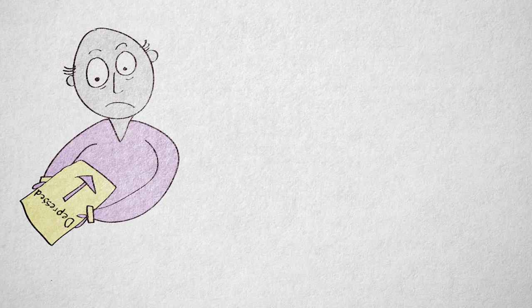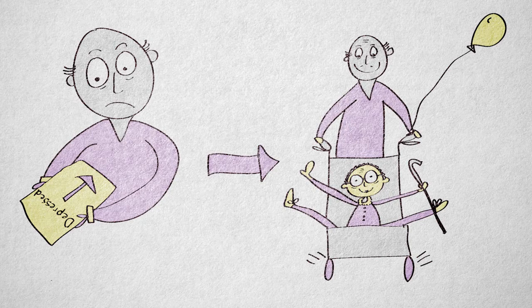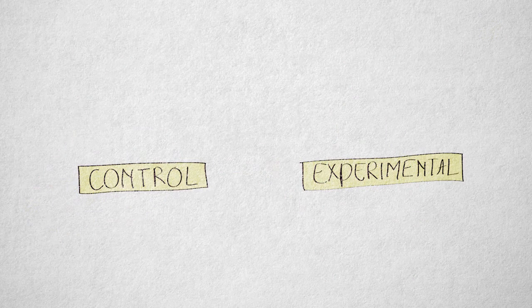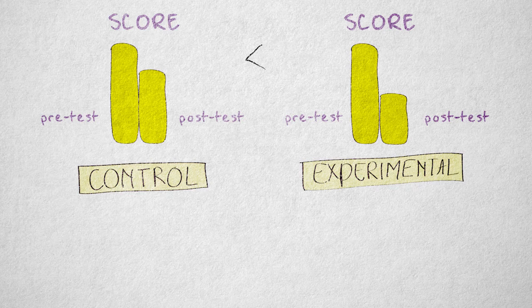This might cause them to be more proactive about improving their emotional state, for example, by being more social. Of course, this threat can be eliminated by introducing a control group. Both groups will be similarly affected by the testing effect. Their depression scores will both go down, but hopefully more so in the cat companionship group.